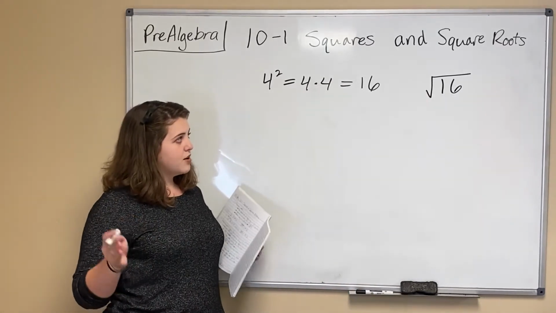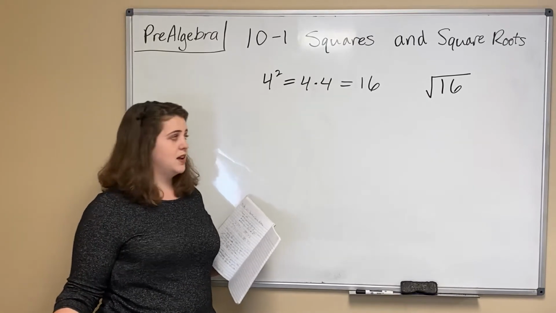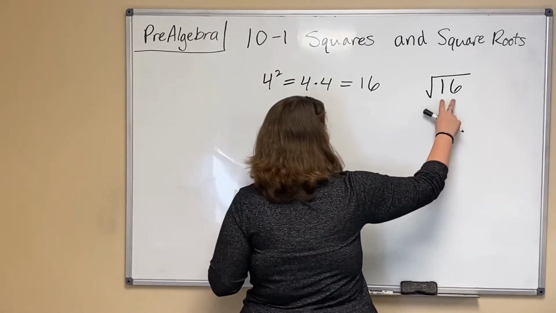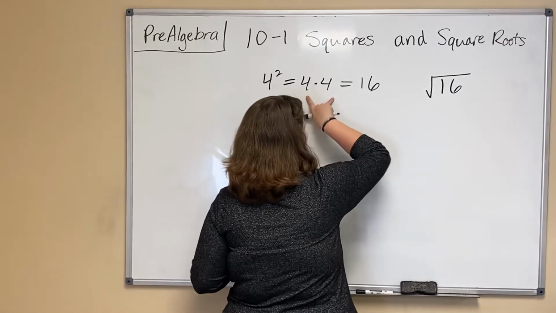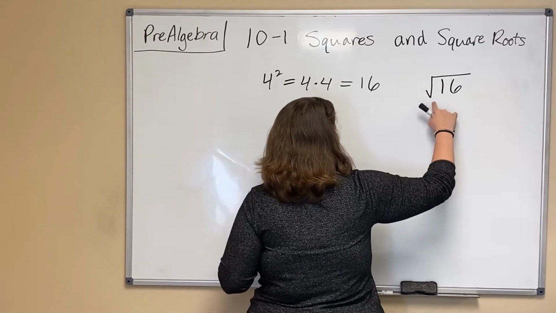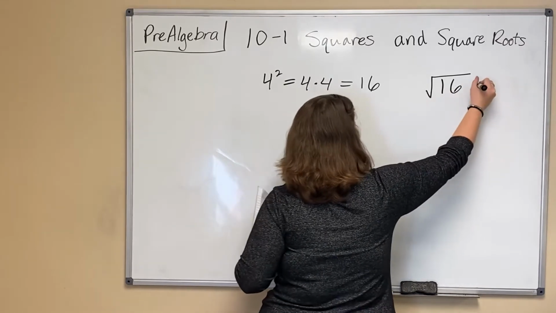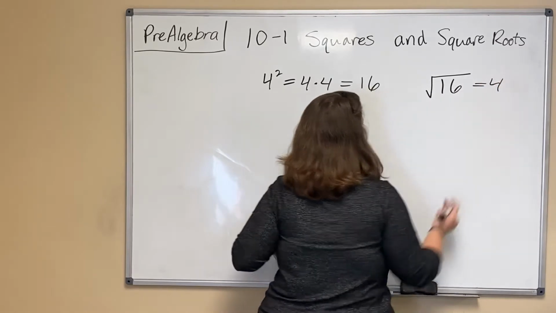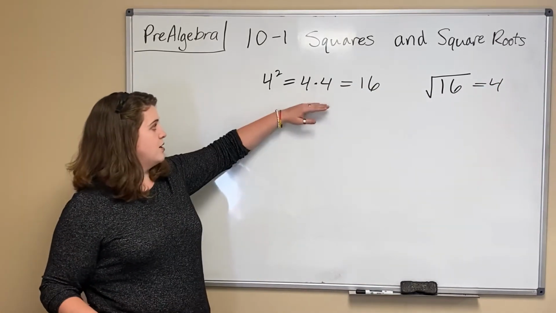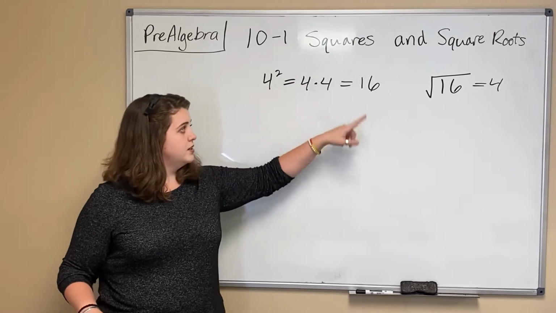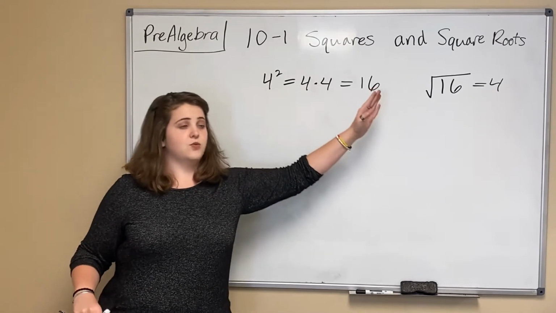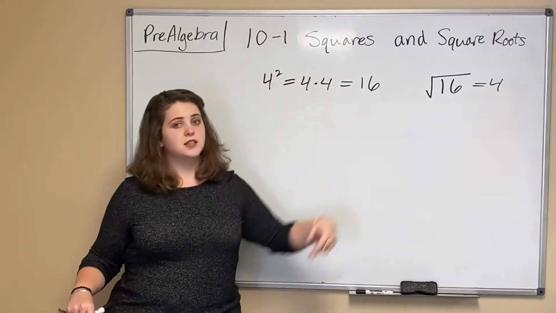It's called a square root. And what I'm saying is find the factors of 16 that are equal. So the square root of 16 equals 4, the opposite of squaring. 4 squared is 16. The square root of 16 is 4.